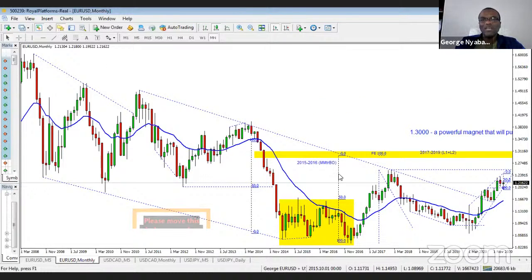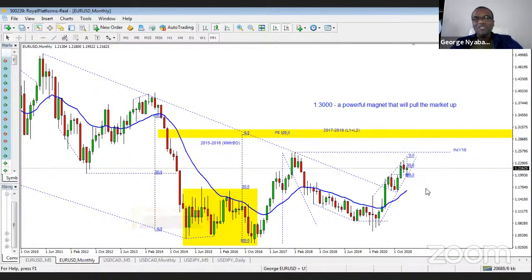And what else would I have to look out for? Because one measured move is good, because the market tends to react there. And the reaction is not necessarily a reversal, but the reaction typically would be profit taking at that level.